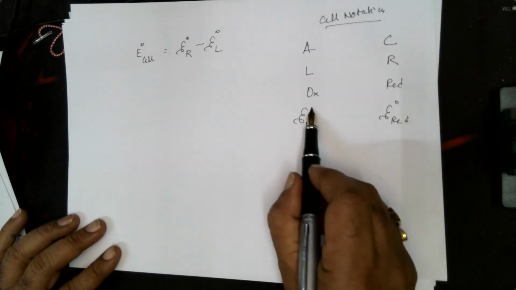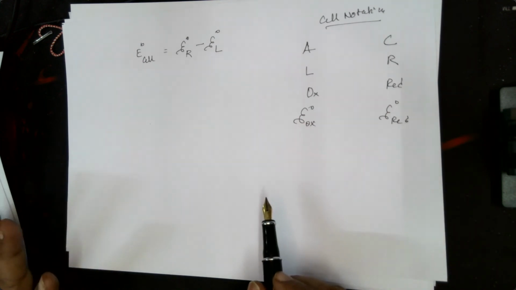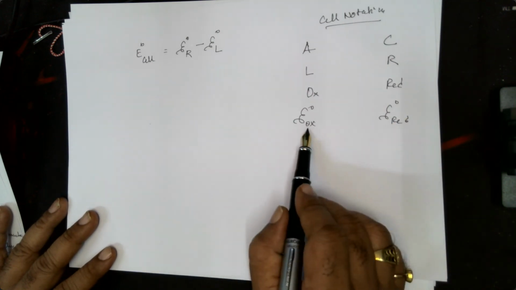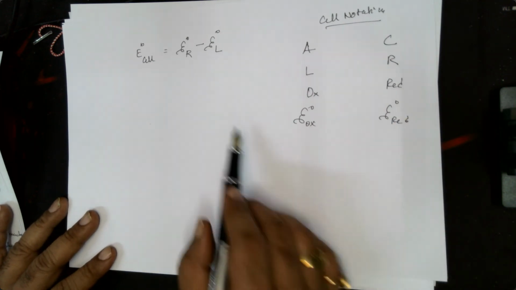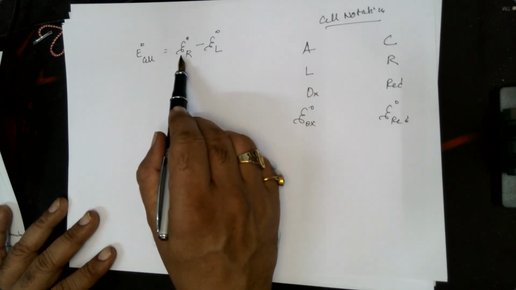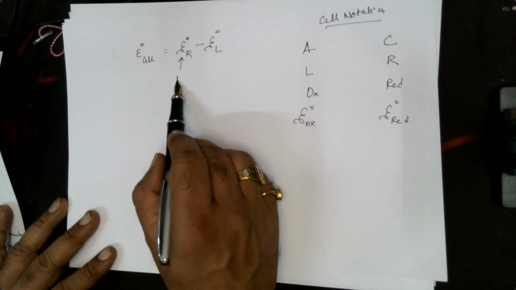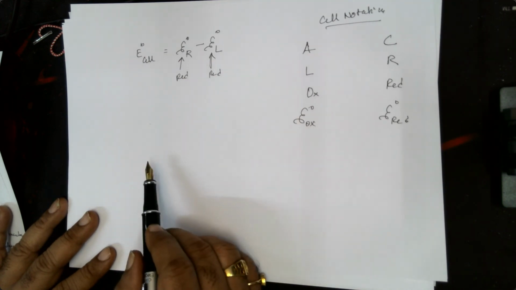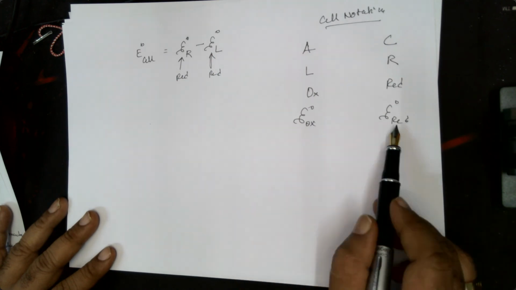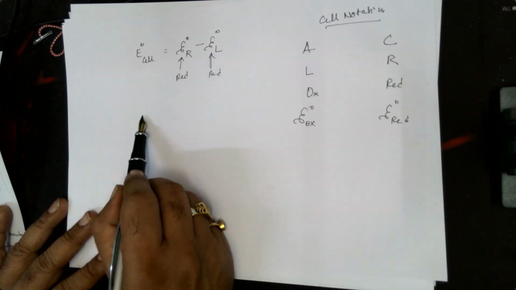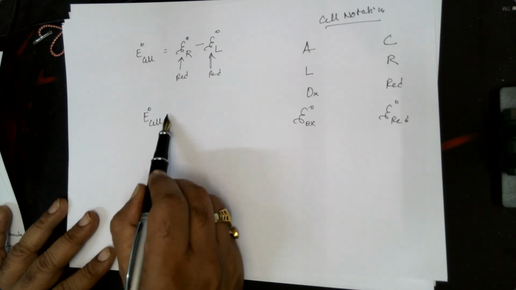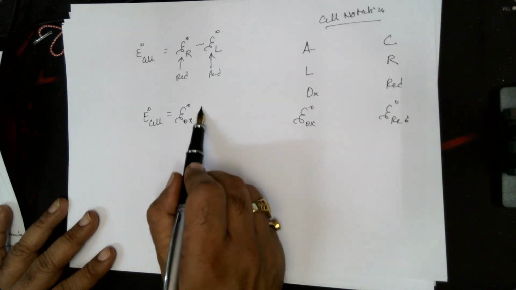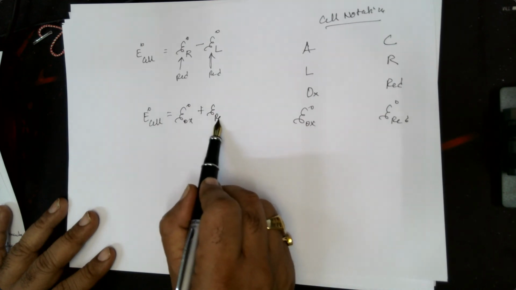At infinite dilution, at standard conditions, right? So listen to me very carefully. If you want to maintain the same term, you cannot use this minus, because here I have taken both of them as reduction values only. But when I use oxidation and reduction potentials, the formula is E naught cell is equal to E ox plus E red.